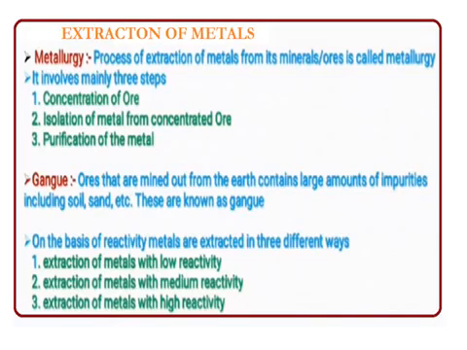It involves mainly three steps: concentration of ore, isolation of metal from concentrated ore, and purification of the metal. Then gangue: ores that are mined out from the earth contain a large amount of impurities, including soil, sand, etc. These are known as gangue.